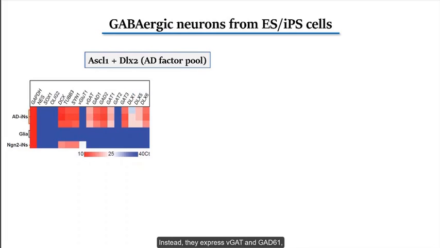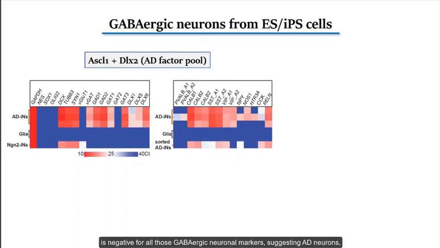So these are inhibitory neuronal markers. NGN2 cells, on the other hand, are negative for all those GABAergic neuron markers, suggesting AD neurons, as opposed to NGN2 neurons, make only inhibitory neurons.